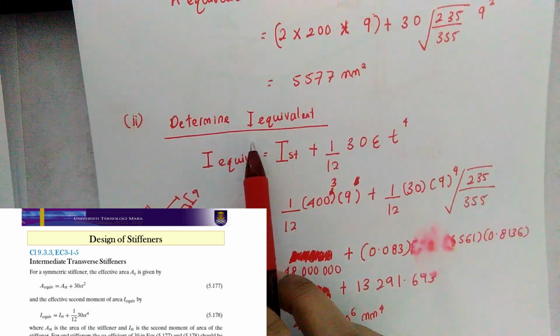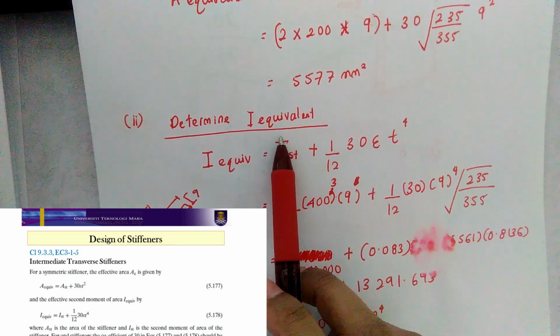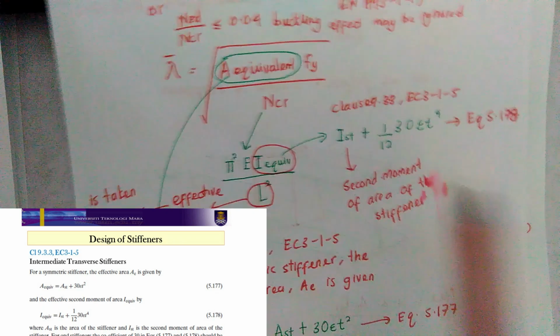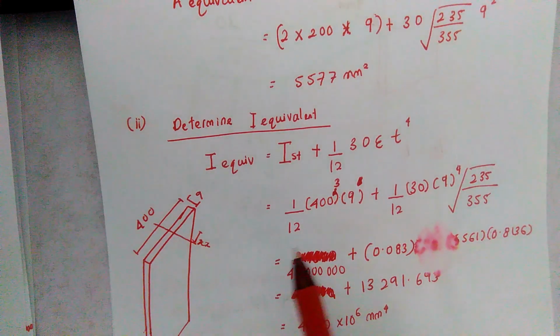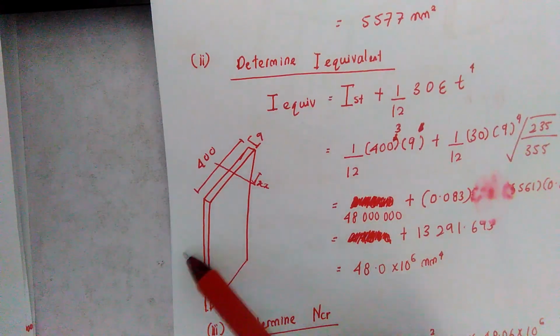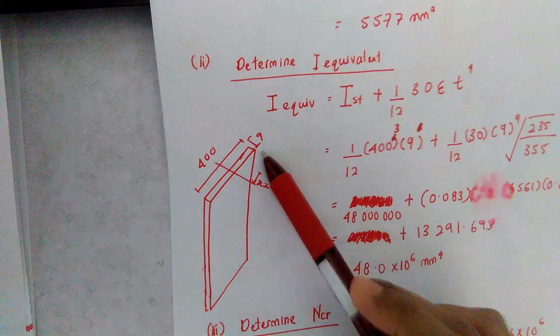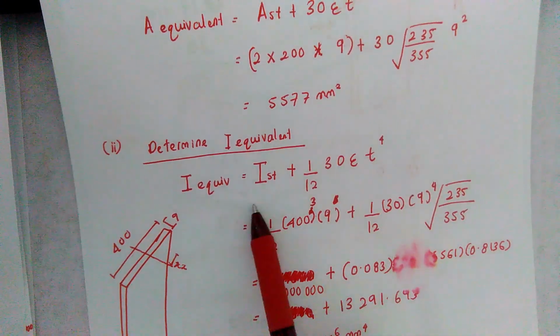And then determine the I equivalent, because earlier we need to find our I equivalent. So this is the stiffener, 400 by t thickness, and we use these equations.